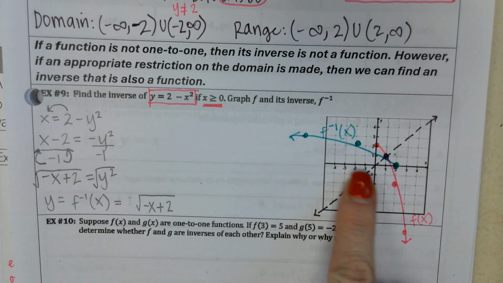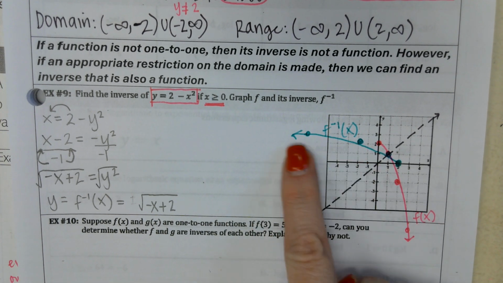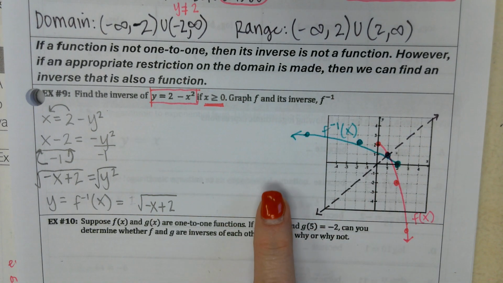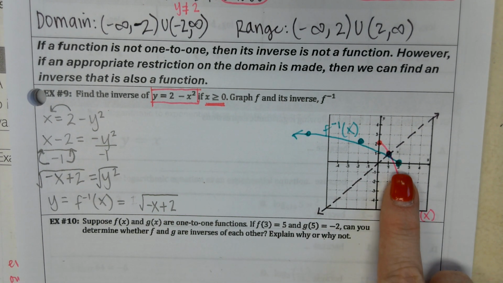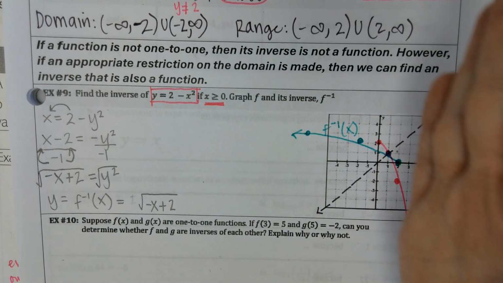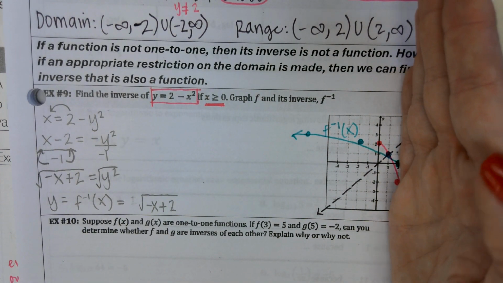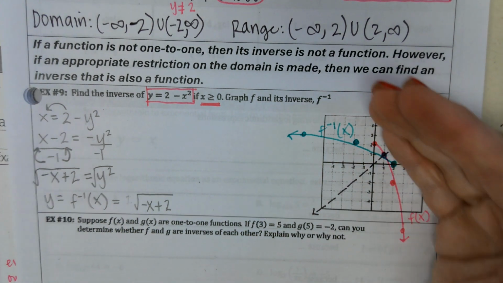Now, if I were asked to find the domain here, what I would want to do is I could look at my graph and I could say, okay, well, this graph is everything 2 and smaller. It goes that way.